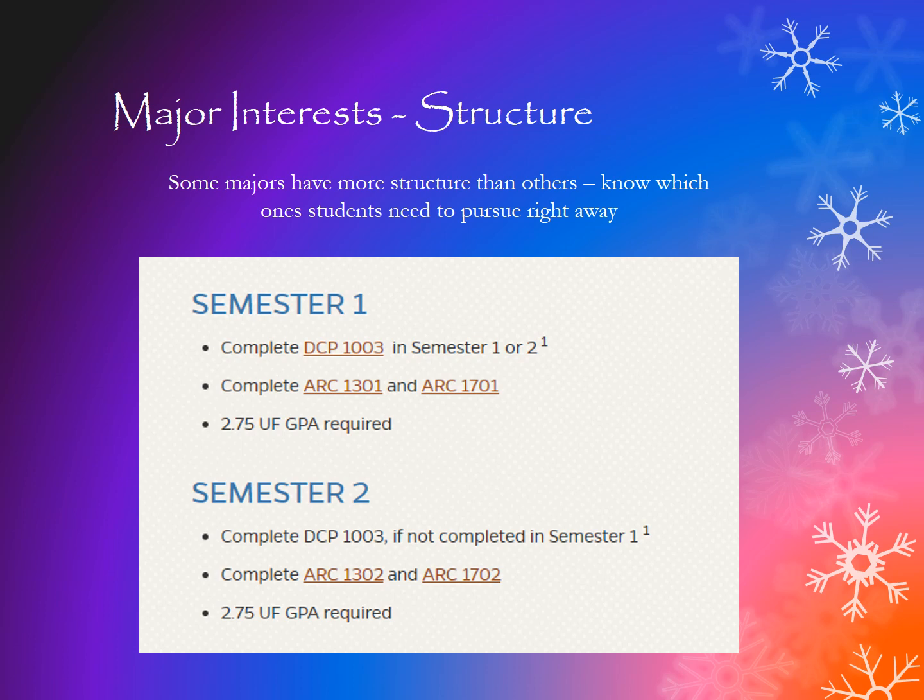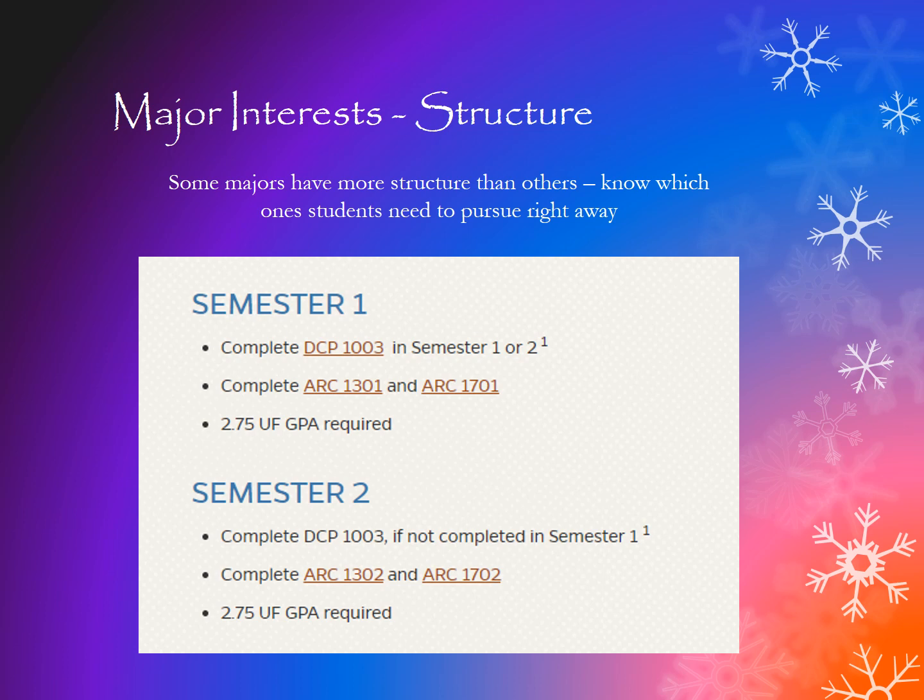But what you'll notice is that semester 2 has ARC 1302 and 1702. And if you're thinking, well, that seems interesting that they're the next number up for each of those classes, perhaps those are prerequisites, you would be correct. They are. So that means that if, let's say, a student doesn't take ARC 1301 and 1701 in their first term, they're really setting themselves up for being behind in architecture, because already in semester 2, we've got 2 classes where those were the prereqs for term 1, and we're just snapping forward.